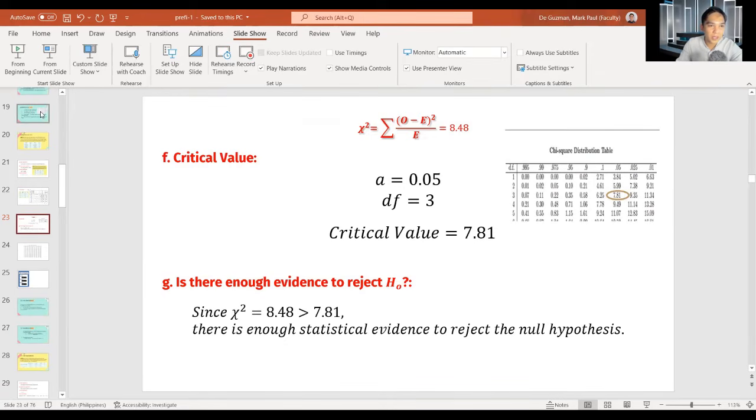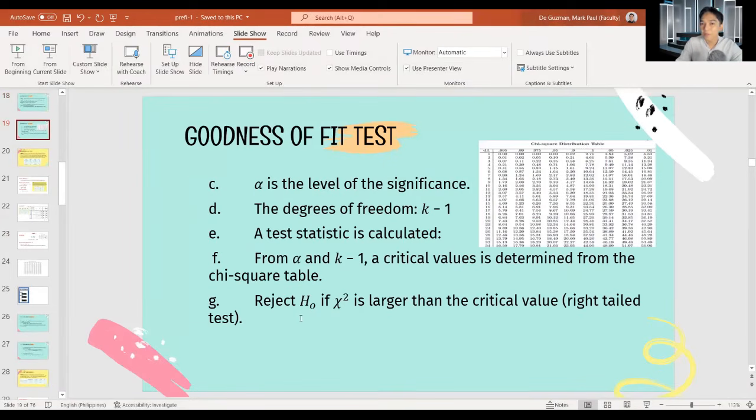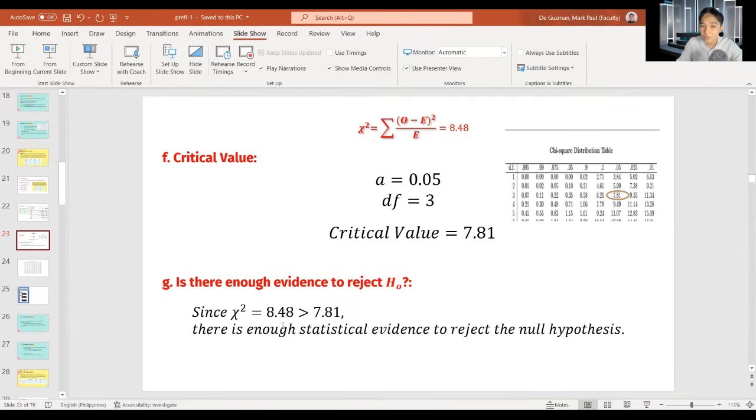And according sa ating steps, para mag-conclude, if the computed chi-square is larger than the critical value, then we need to reject our null hypothesis. Mas malaki yung computed chi-squared natin compare sa ating critical value.